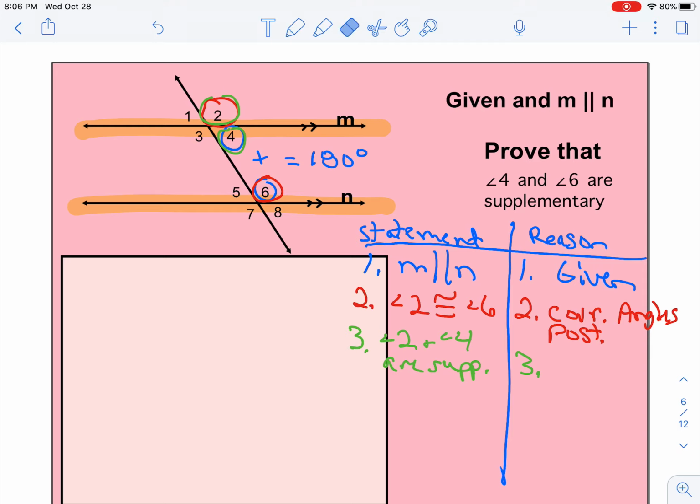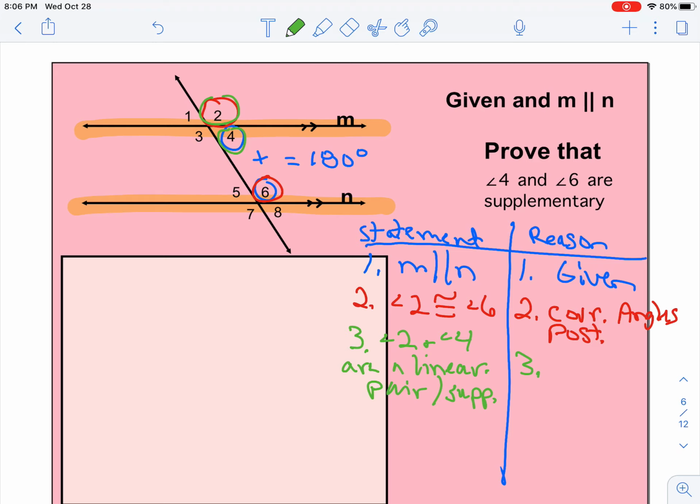And we might put in here a second step, linear pair / supplementary.